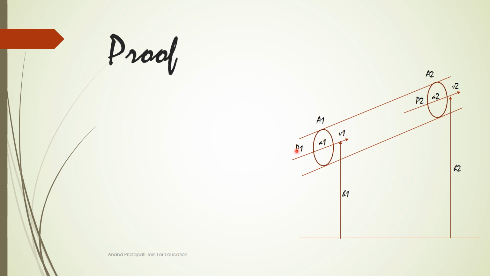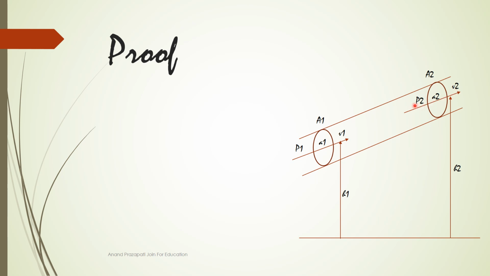Then we get the work done in this cross section in joule per second. It means that at A1 of the pipeline, work done will be P1 A1 V1. Similarly, at the point A2 of the pipeline, work done will be P2 A2 V2.